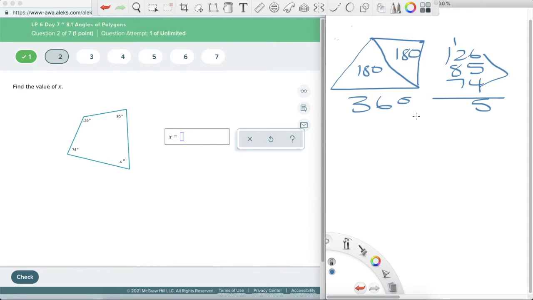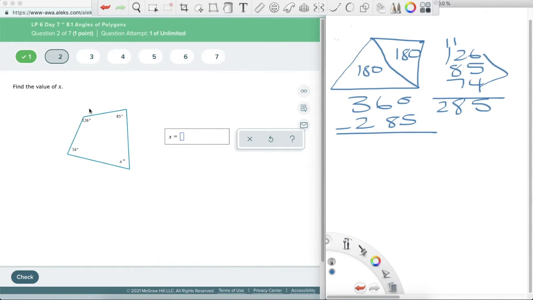And then 8 and 2 make 10, so 17, 18. And then 1 plus 1 is 2. I said 2 plus 2. I'm just losing my mind on this video. So I've used 285 already. I only have 360 total within the quadrilateral.